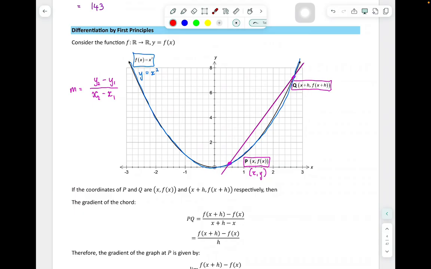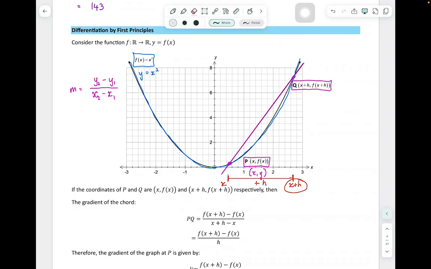So what does h actually look like? h is the distance from our first point up to the value of our second point, roughly here. So we've added an h onto our original x value. Therefore, our second point is x plus h.